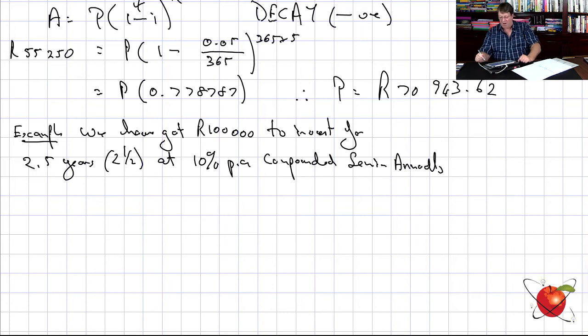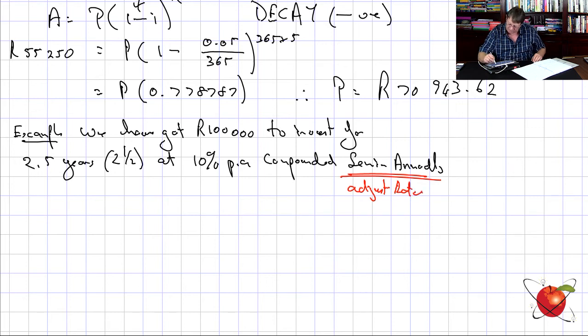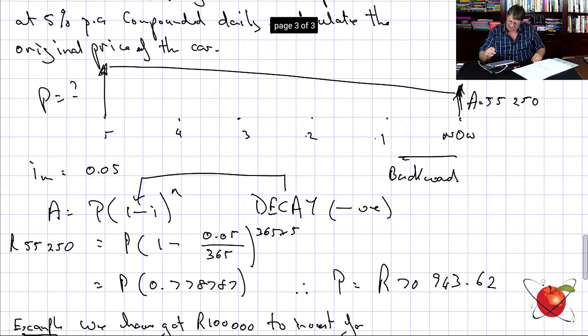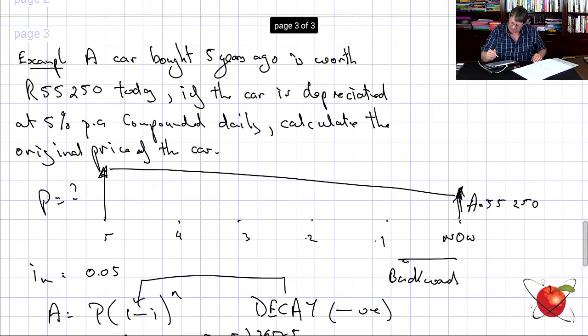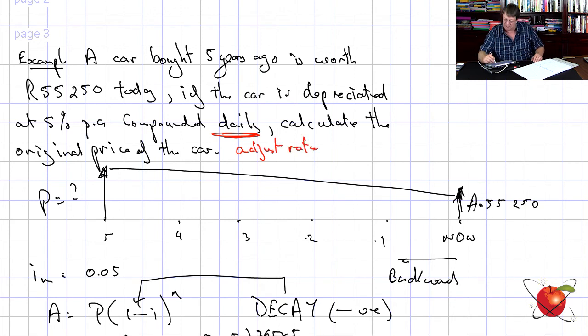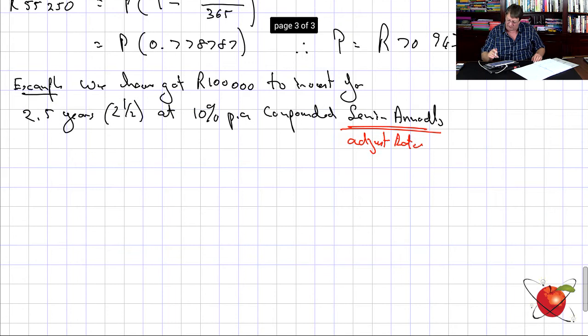Semi-annually. Now, I want to trigger something here with you. Can you see that's telling me already I need to adjust the rate? If I go back up here, it said compounded daily, which means adjust the rate, so we're going to have to use the nominal and effective.